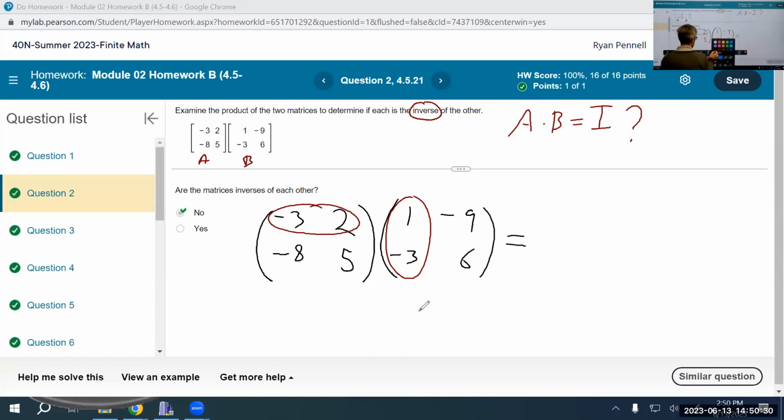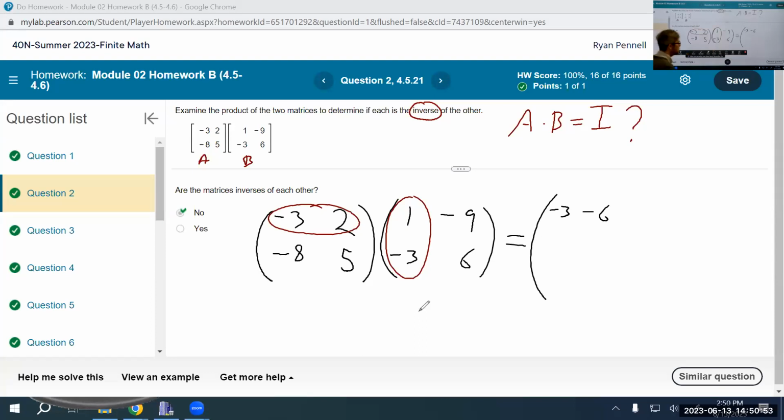That first entry better be a number 1, or these aren't inverses of each other. So -3 times 1 is -3. Plus 2 times -3 is -6. That's not the number 1.